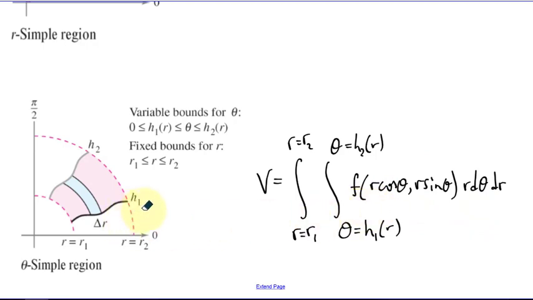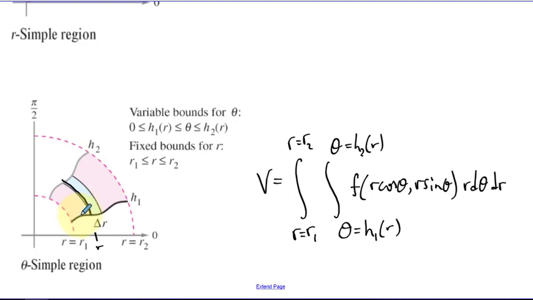It's probably because of the region, I would think, that you would set it up like this, but you can imagine that you're picking one particular R value somewhere, like maybe this value of R, and holding that constant, and then integrating from one theta value to another theta value for that constant R.